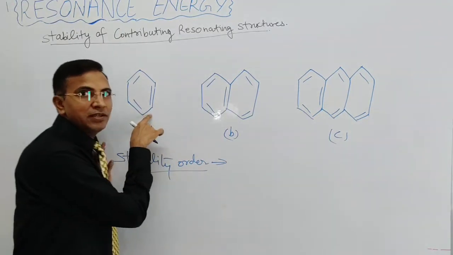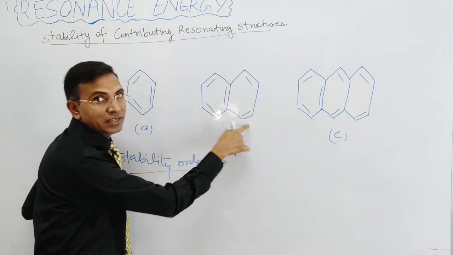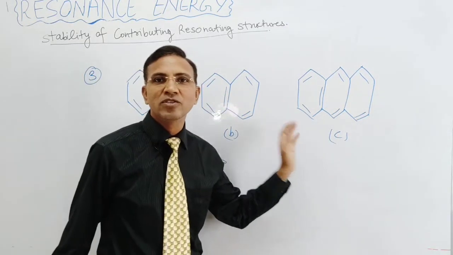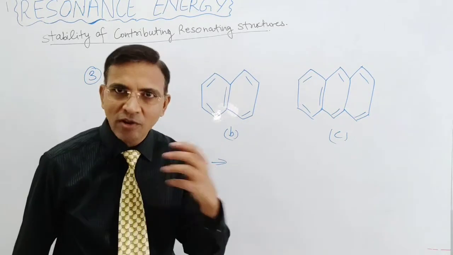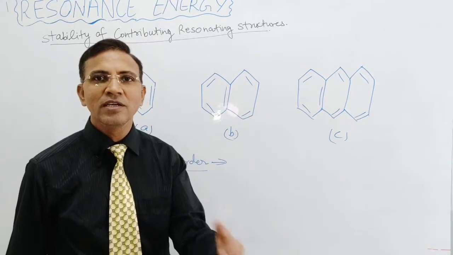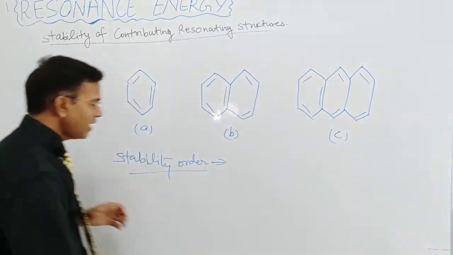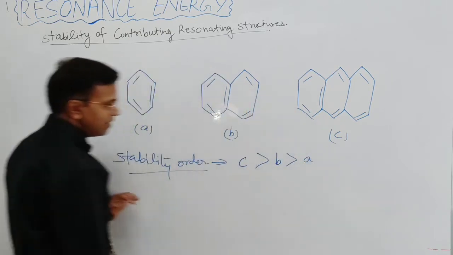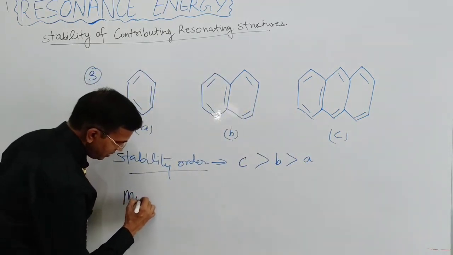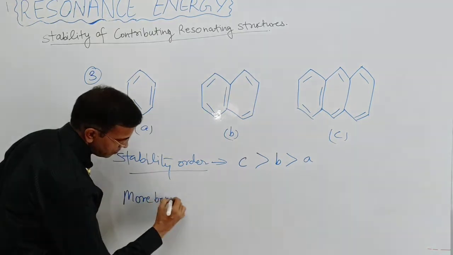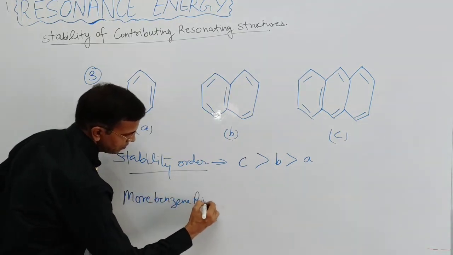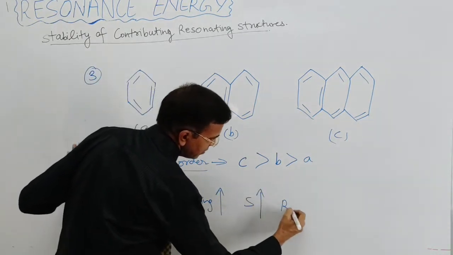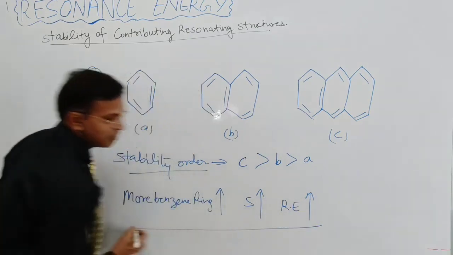So here is one benzene ring, here are two benzene rings because the pi electrons are shared, right? And here are three benzene rings. So more benzene rings, more delocalization, more resonance energy, more stability, right? So C is more stable than B and then A. That means more benzene rings, more stability, more resonance energy, right?